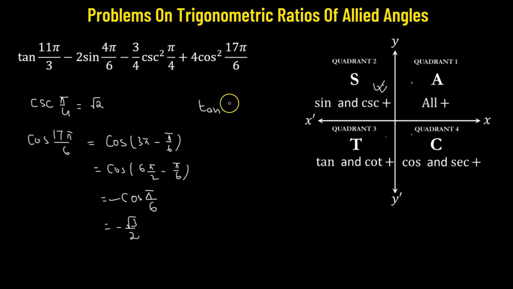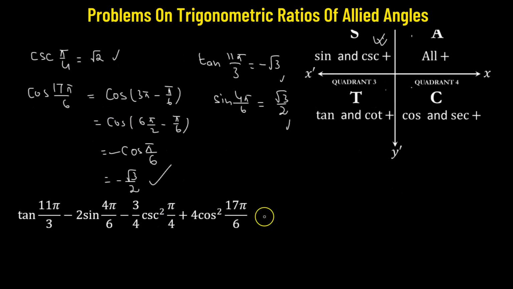Tangent of 11 pi over 3 came out to be equal to minus square root of 3. And we had sine 4 pi over 6, which came out to be positive square root of 3 over 2. So we will use these four values and substitute into the given expression.